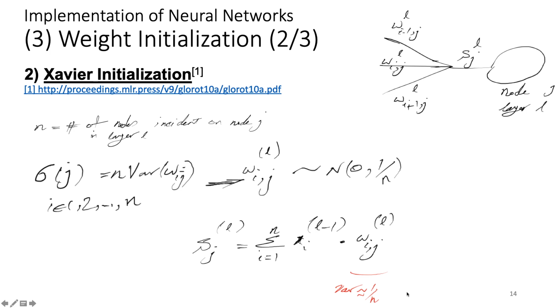When you play around with deep learning frameworks like Caffe, TensorFlow, and others, you can just define it as another argument when you initialize. All of them have already implemented this initialization in their frameworks.